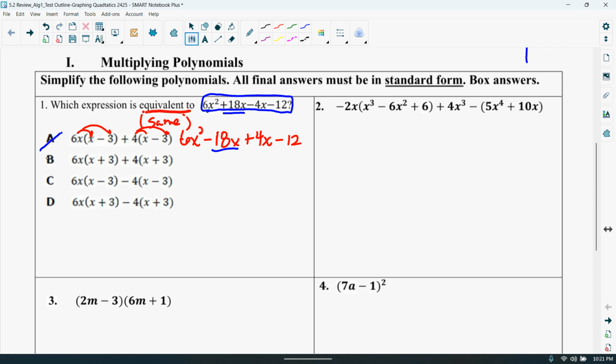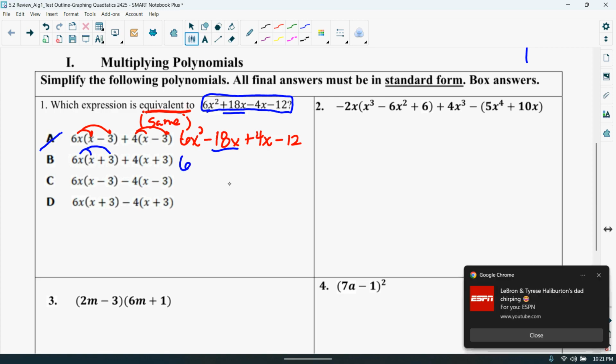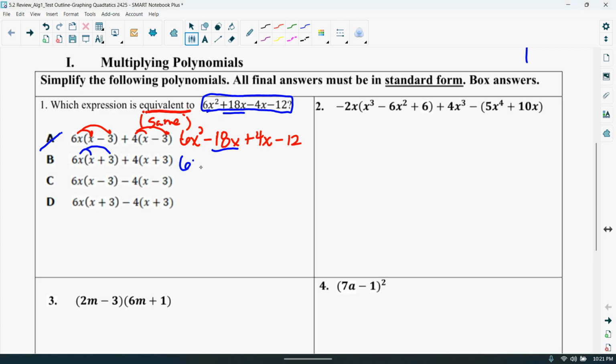So I would go to the next one, distribute the first term. This would be 6x times x, which gives you 6x squared plus 18x. Okay, so that works. Then we're doing negative 4 times x, so that's plus 4x. But now I can stop because it doesn't match this term, because we want it to be minus. So I can go to the next one.